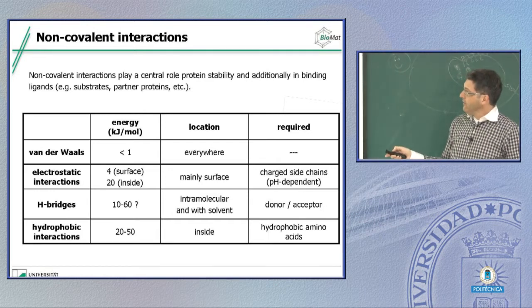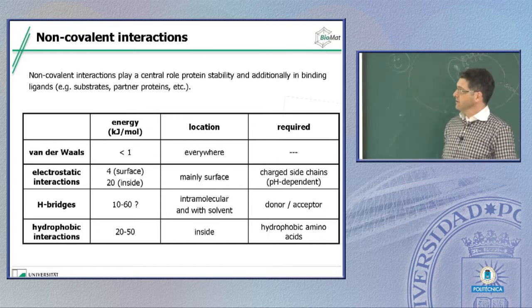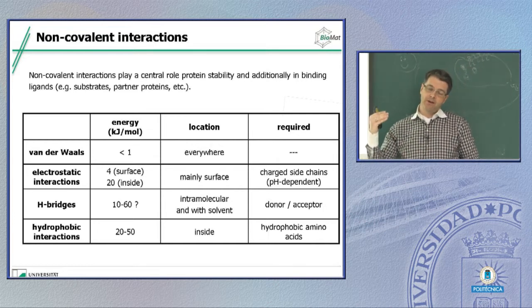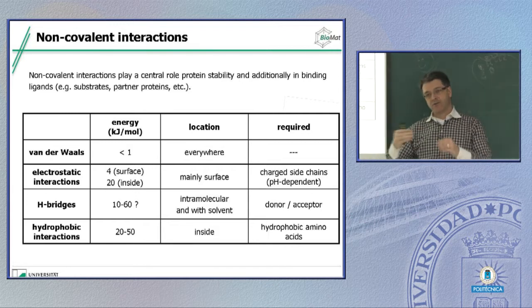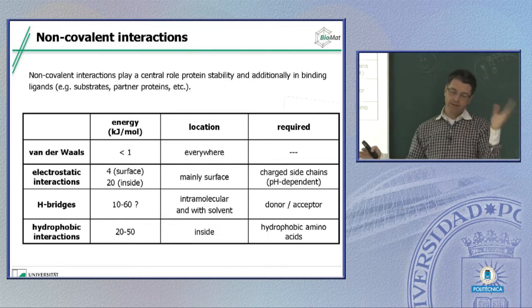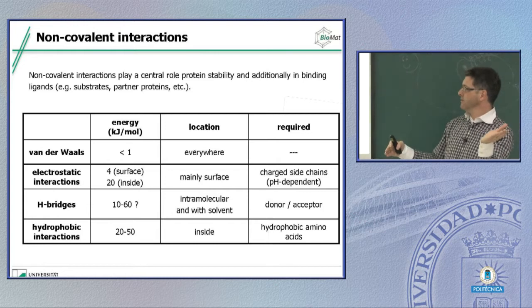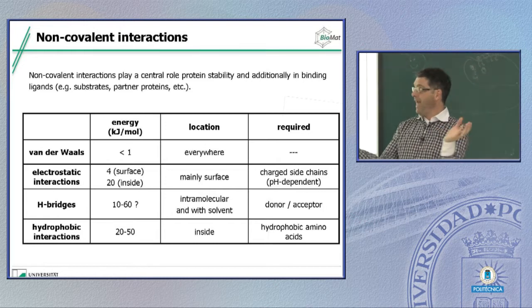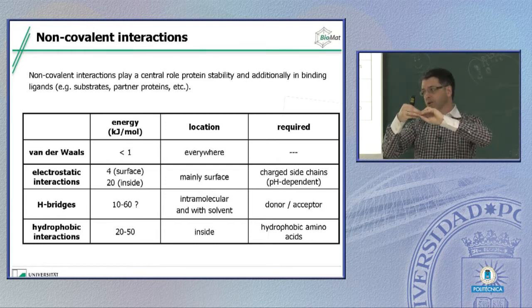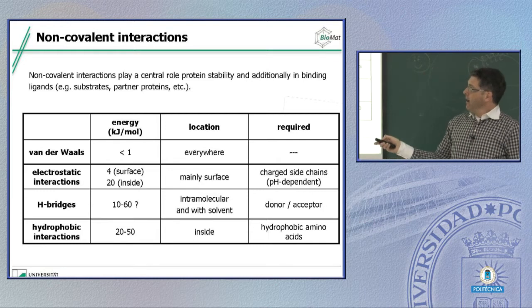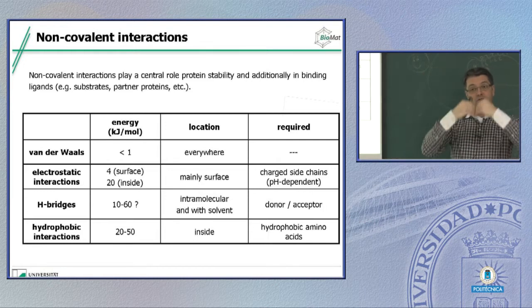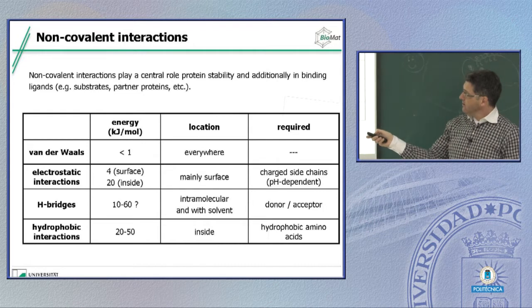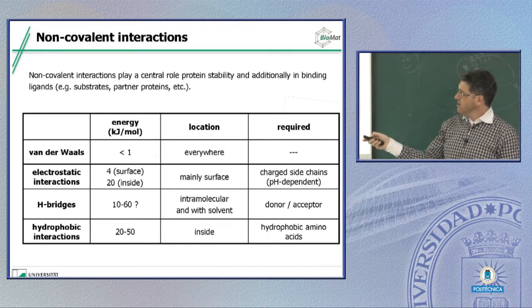Then we have electrostatic interactions. Electrostatic interactions occur with amino acid residues that do have charged side chains. So we have negatively charged amino acids, as I told you yesterday, and positively charged ones, and they can make so-called salt bridges. The salt bridges can occur on the surface, and as you can see on a surface, the energy input is not very high.